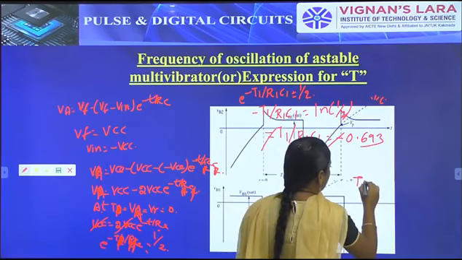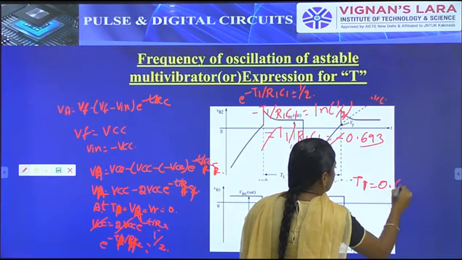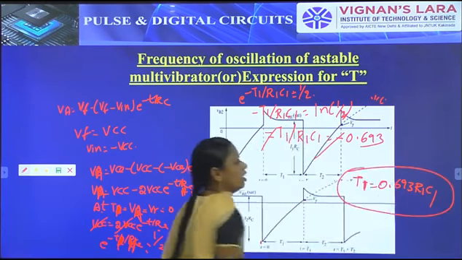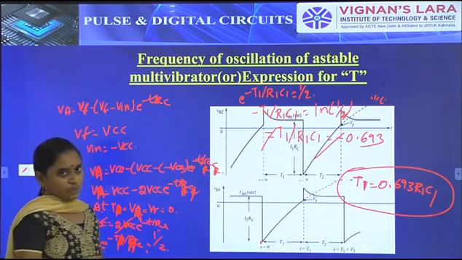T1 is equal to 0.693 into R1 C1. So this is about the two different conditions.